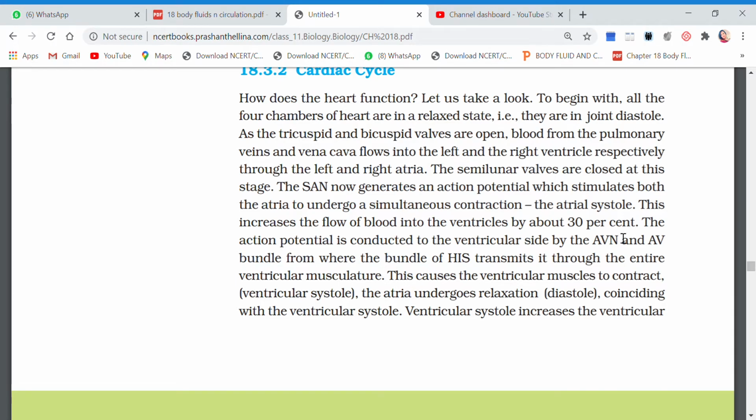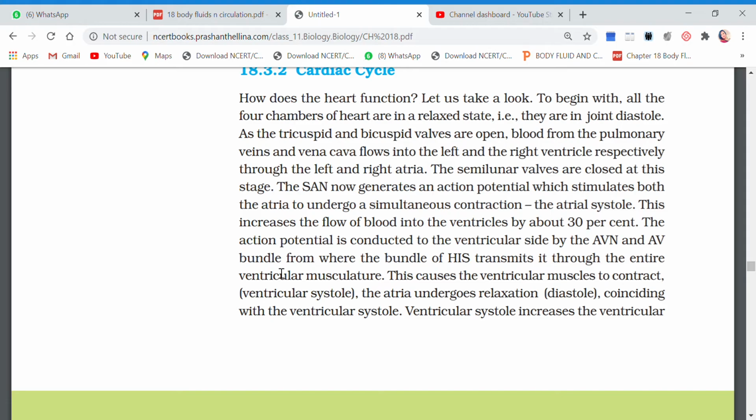Because you have studied how the bundle of His and AV bundles spread out in the whole of the ventricular musculature, the action potential will also be conducted and will reach the whole of the ventricular musculature.